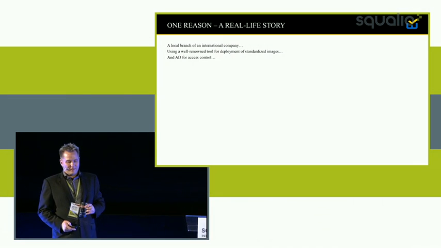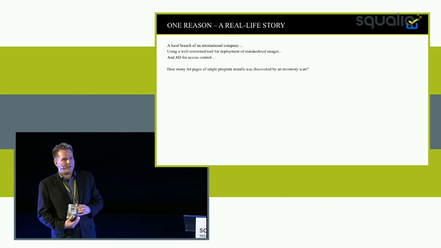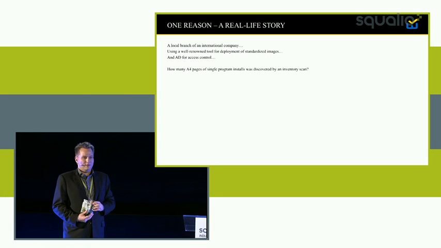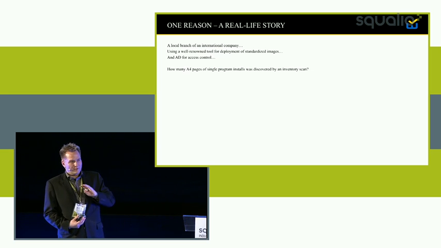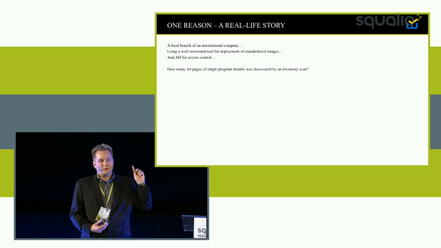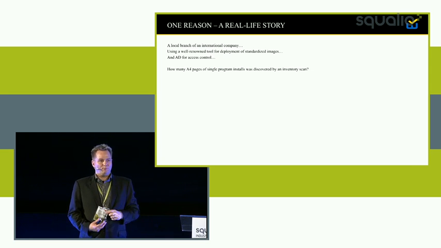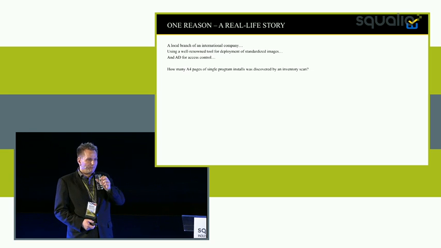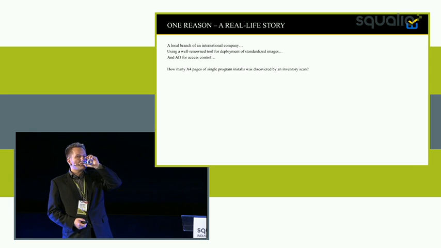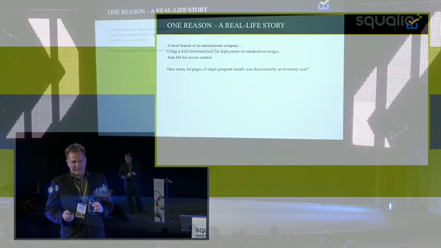They used a great tool for deployment. They were really good at doing AD. So after doing a scan, how many pages, A4 size, of single installations, not 5 installations of one program, but one installation of one program, how many pages did I come up with? Any guesses?